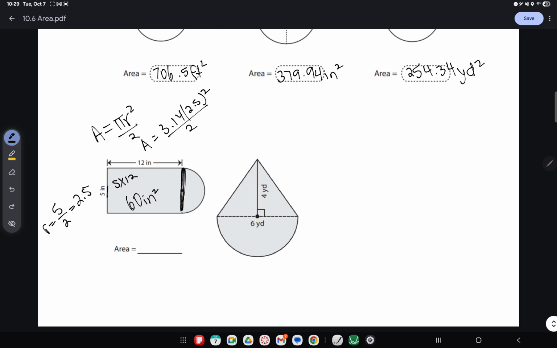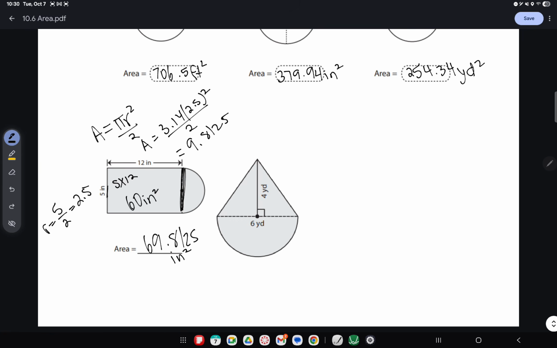So 3.14 times 2.5 times 2.5, and then divide that number by 2, and I get 9.8125, and we'll just add that to the 60. So we get 69.8125 inches squared.